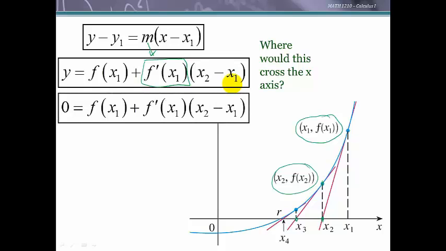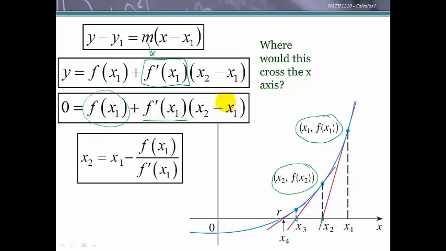Then we could solve this by moving this term to the other side, dividing by this term, and then adding the x sub 1. So if we move this over, it would be negative f of x1 divided by the derivative at x1, and then what we would have left is x2 minus x1 here, and so we could move the x1 over.